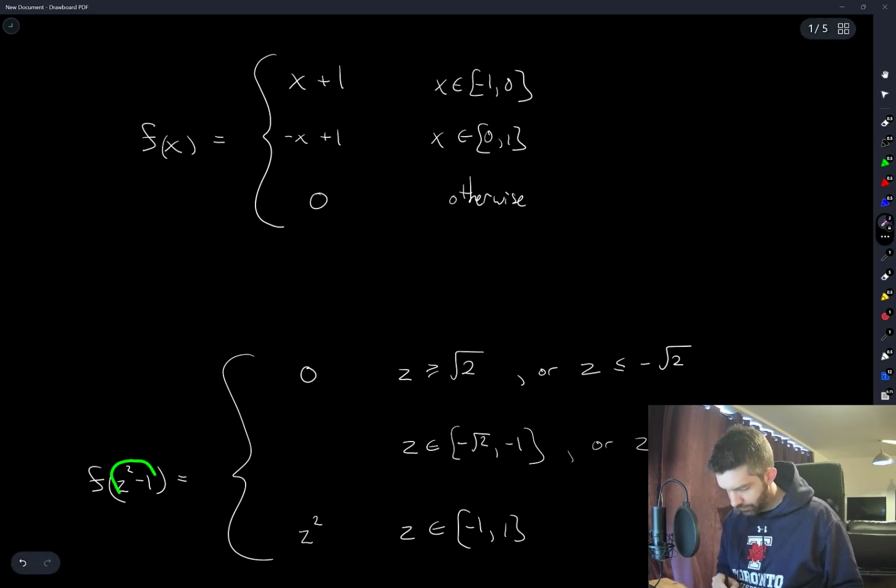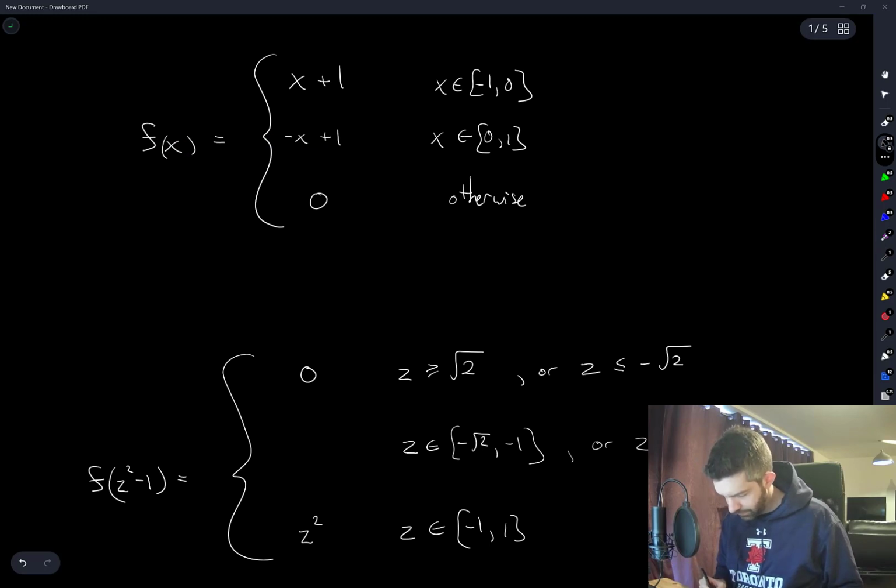When this is positive, and that happens when z is greater than 1 but less than root 2, or equivalently between the negative values of those numbers, the way we apply the function is it says take the argument, multiply it by -1, and then add 1.